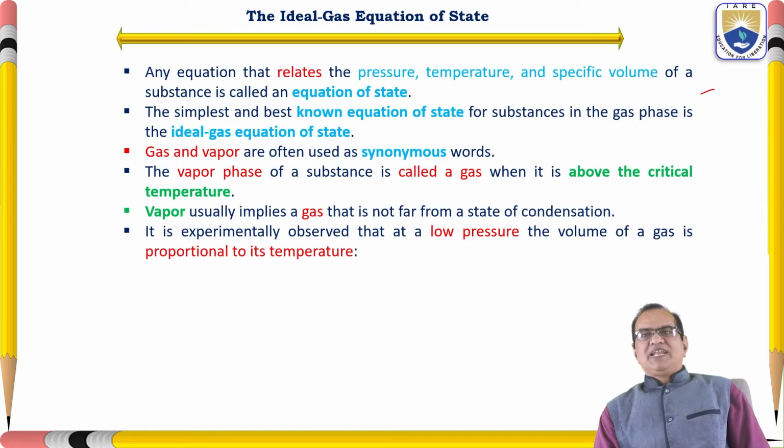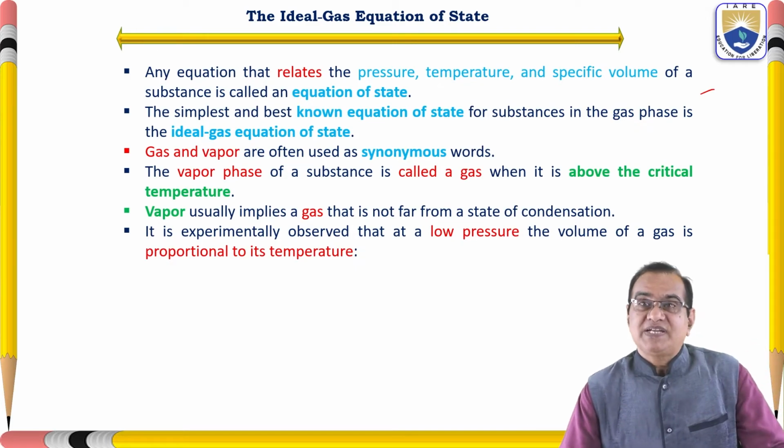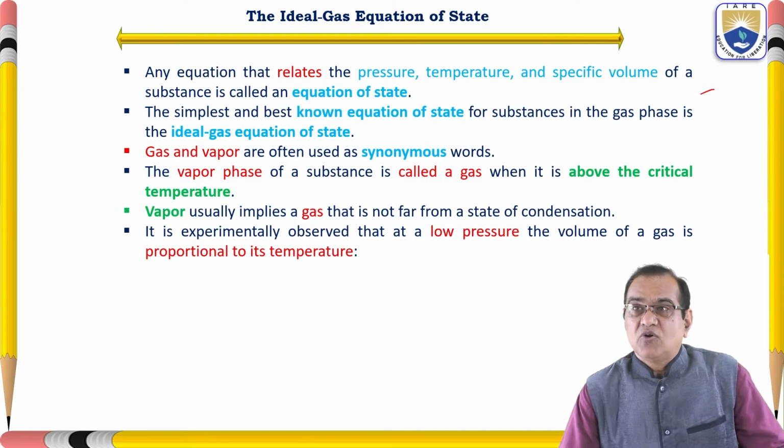It is experimentally observed that at a low pressure, the volume of a gas is proportional to its temperature. So once we have done some experiments, it is proved that if the pressure is low, the volume of a gas is proportional to its temperature.